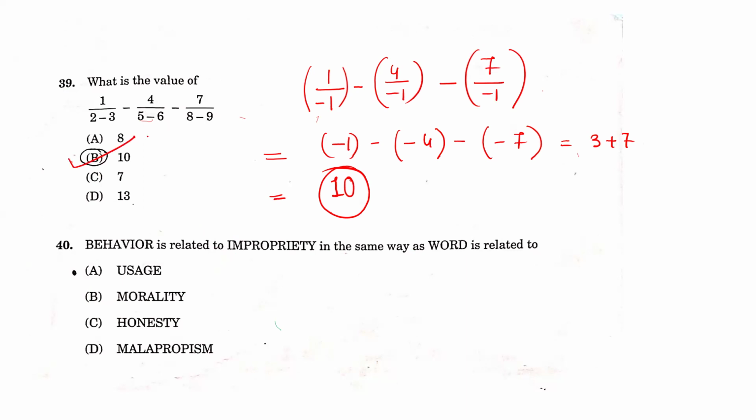Next, coming to English. A little bit of English knowledge has to be very good. Behavior is related to impropriety in the same way as word is related to.